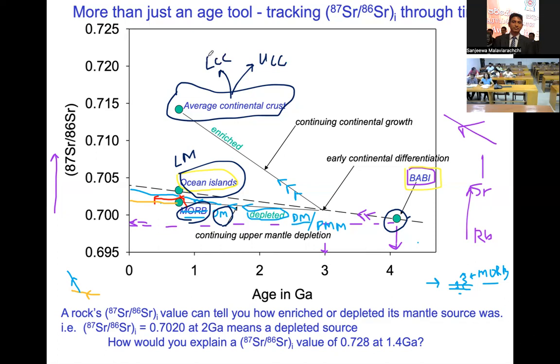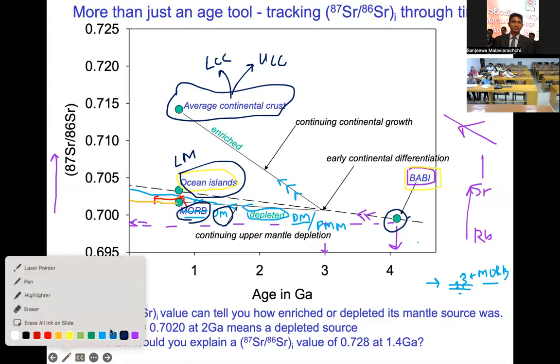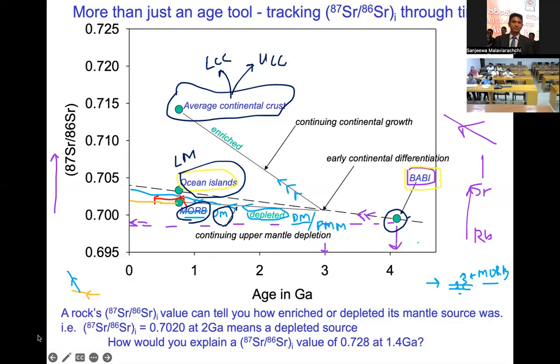Actually, this is the average crustal evolution you are given here. But if you want to give the real evolution, definitely you will see some deviation from this average line.